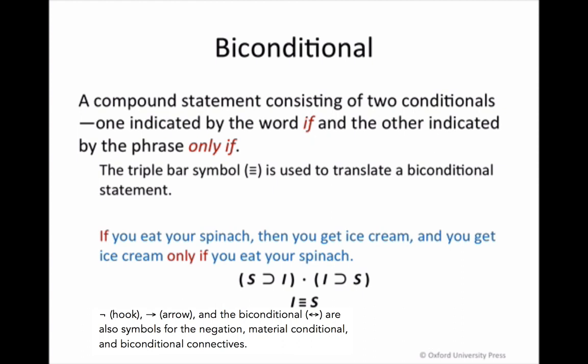Another way you can think of it is that when you assert the biconditional, you're saying you either have both or you have neither. More on that a little bit later, but you can see in the example that there are two conjoined horseshoe sentences, and that is equivalent to the triple bar.